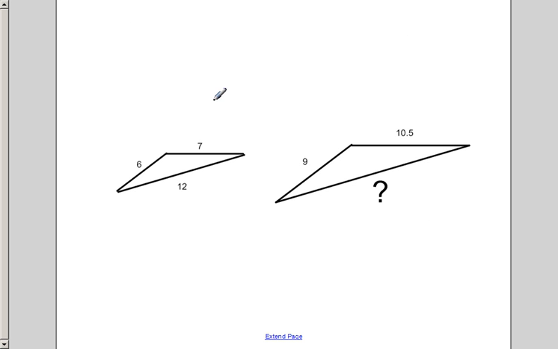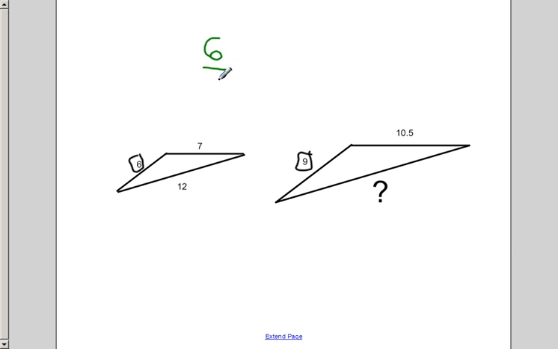All right, we could also set up a proportion to find the value of a missing side, or the length of this missing side. We can only do this if we're told or we know that these are similar triangles. So let's assume that these are similar triangles, and I could say that 6 divided by 9.